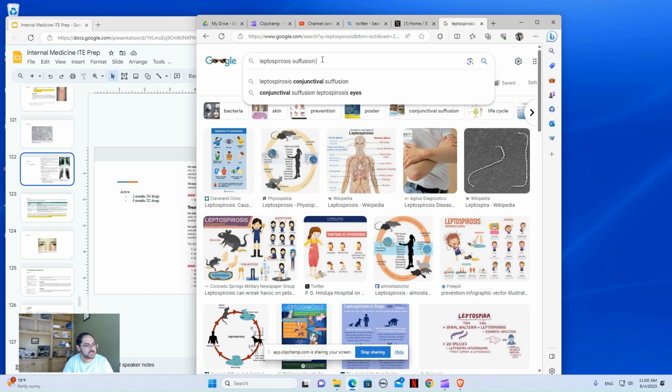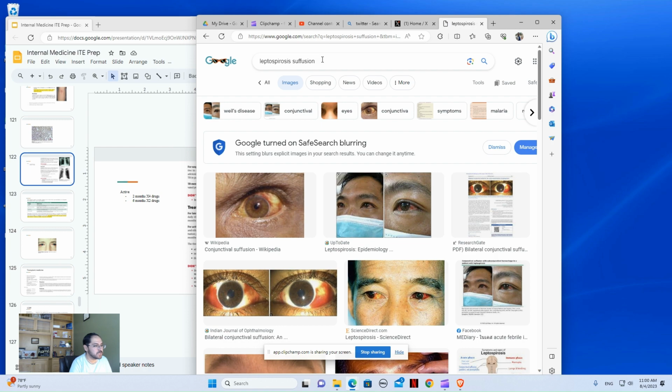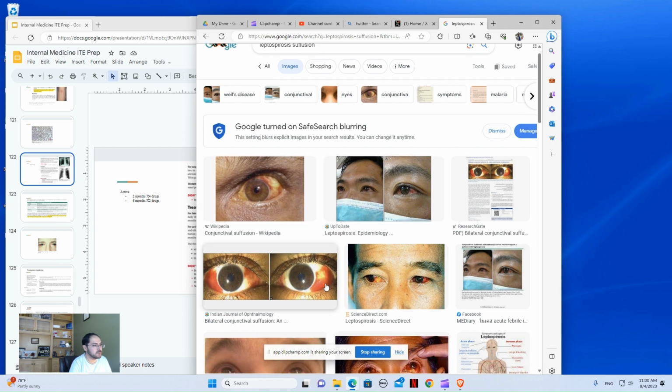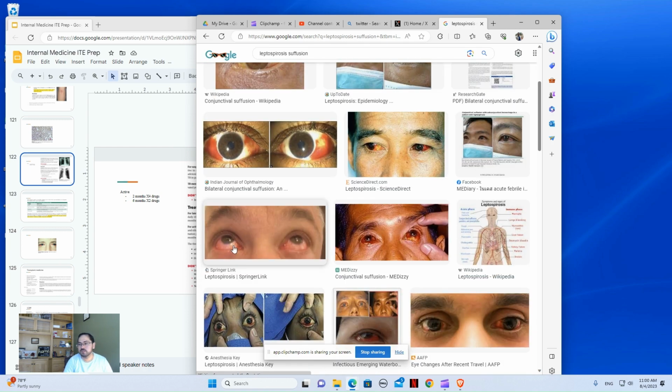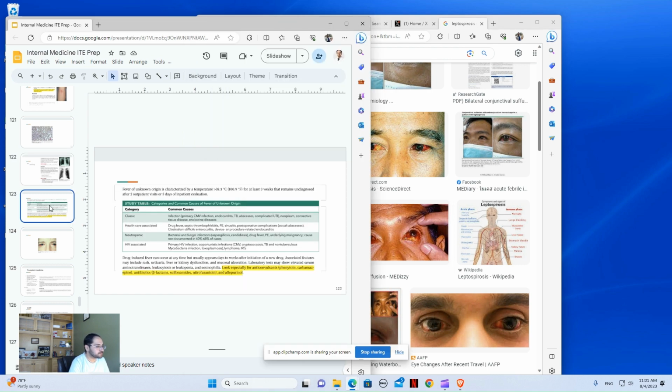It's a kind of hemorrhage under the bulbar conjunctiva. This is the suffusion. And it's just a spot diagnosis. Sometimes they have symptoms just like malaria: fever, elevated liver enzymes, hemolysis, dark urine. Again, usually these questions would be only about diagnosis.